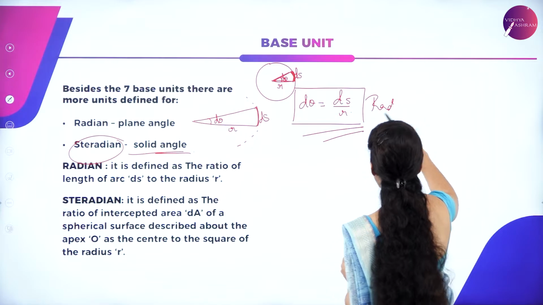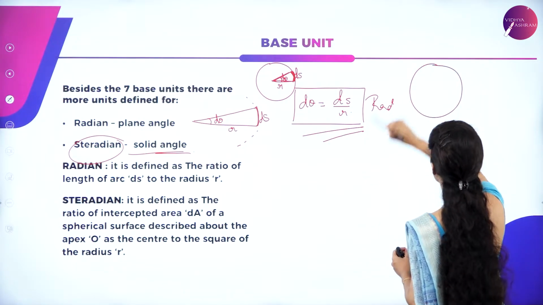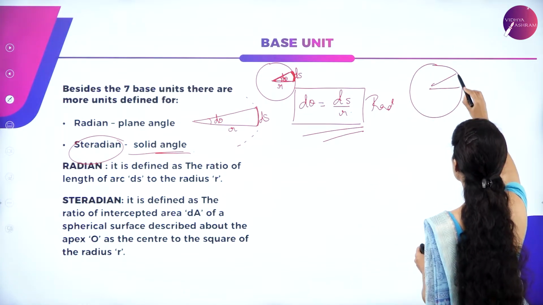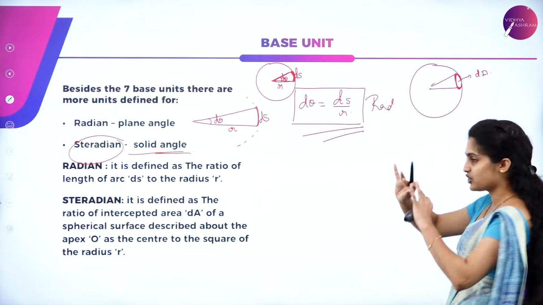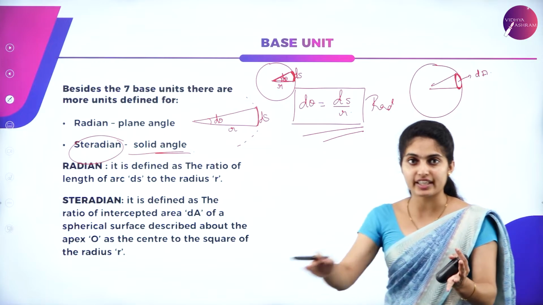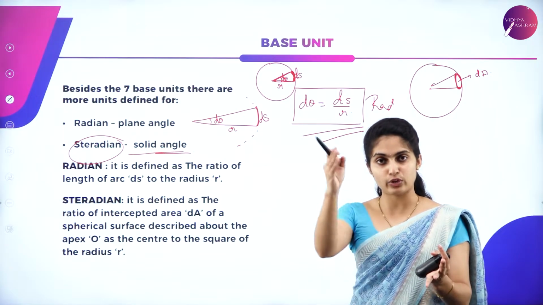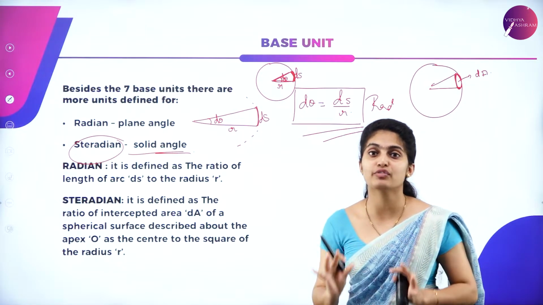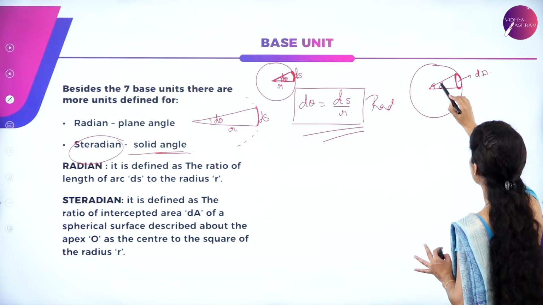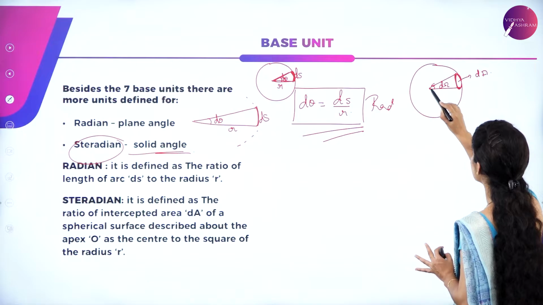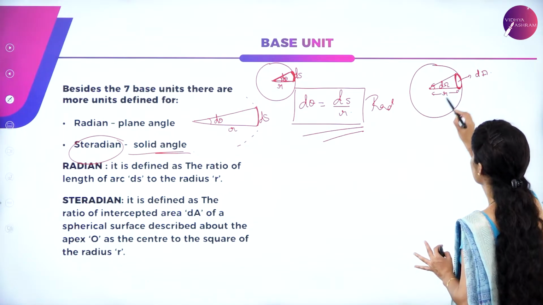Now again you have a diagram, a 3D diagram, where there is an area, call it dA. It is just a sphere that you are cutting at a certain angle. When you cut the sphere, you get a 3-dimensional figure. Here there is an angle, call it d omega, and this radius is r. This is a cone.